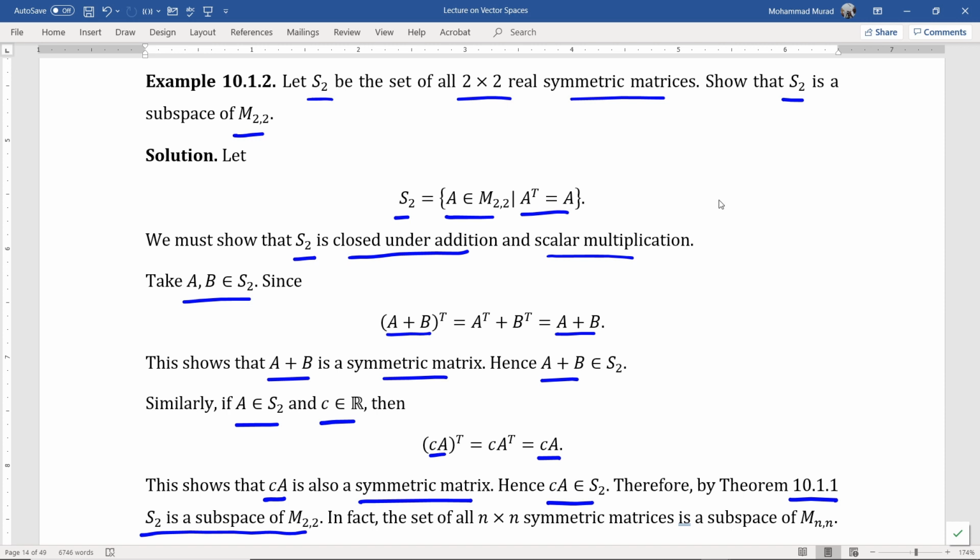In fact, we can show the set of all n by n symmetric matrices is a subspace of M sub n,n. The proof is exactly the same as what we did.